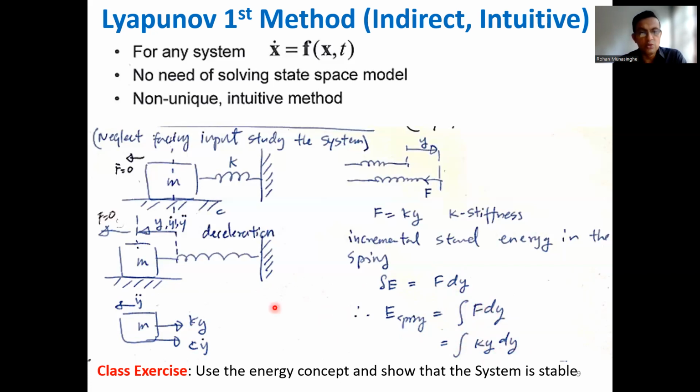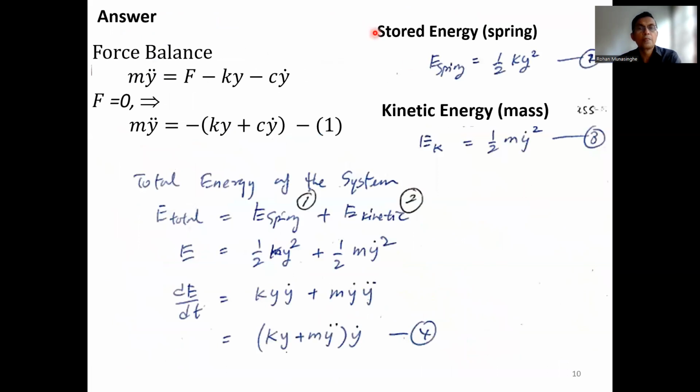Okay, this F is actually ky. Once you integrate ky, this becomes y square with a half in front. So the spring energy is half k y square.